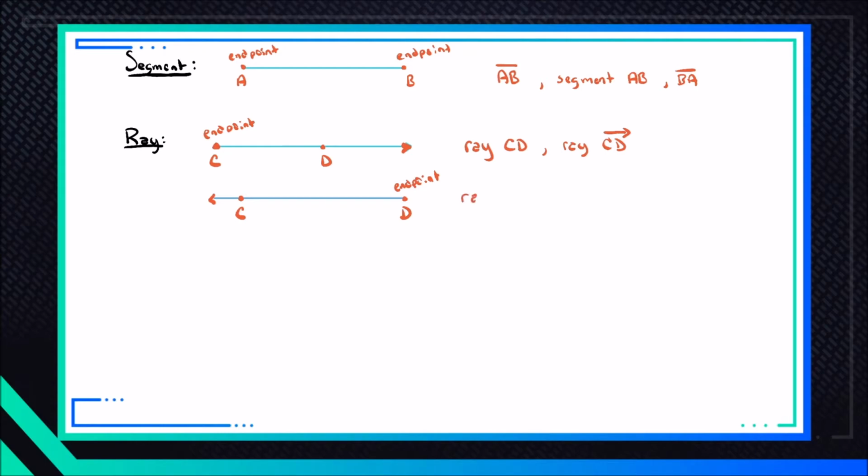This is going to be ray DC, with the arrowhead now above the letter C because that's where the direction of flow is going. Please note that ray CD and ray DC are 2 different rays.